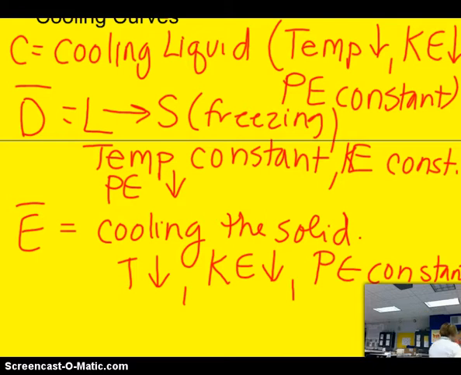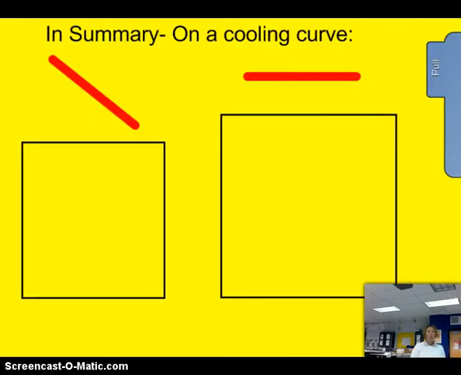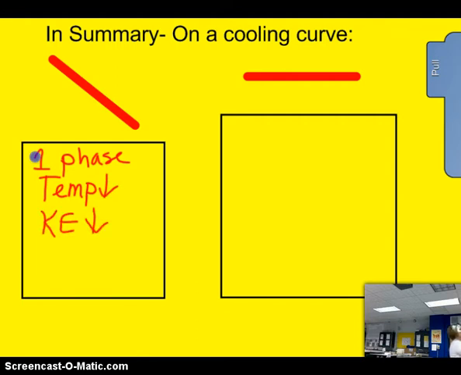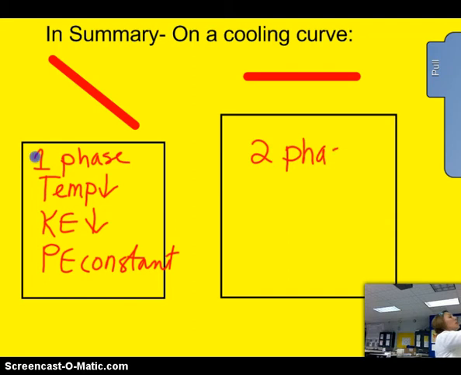So again, just to summarize, on a cooling curve, on the diagonal parts, you have only one phase. The temp is decreasing, the kinetic energy is decreasing, and the potential energy is constant.